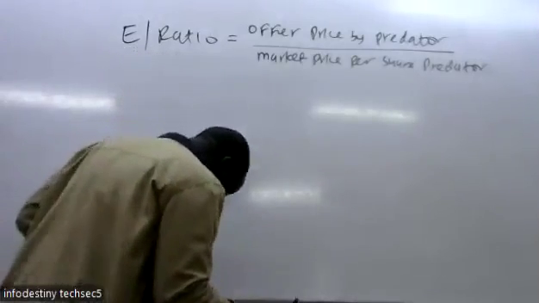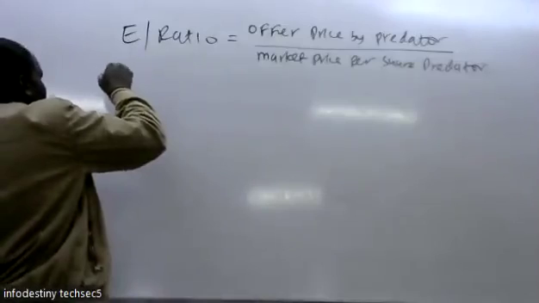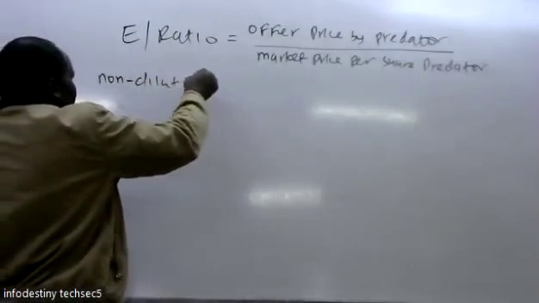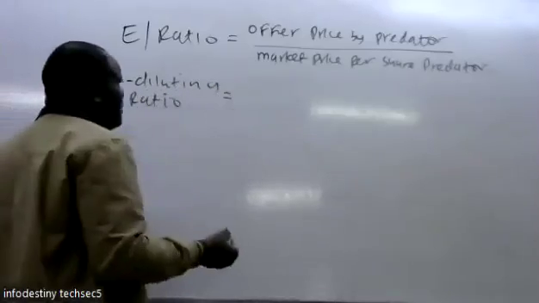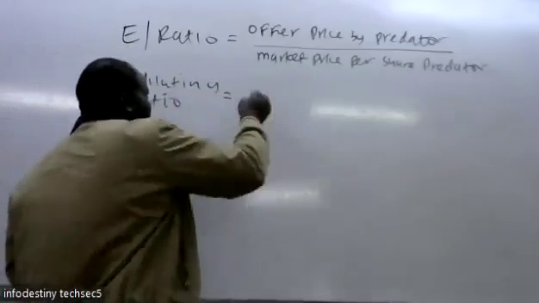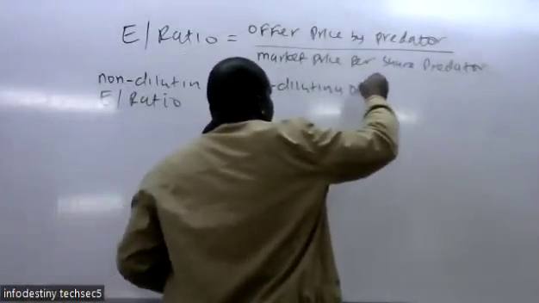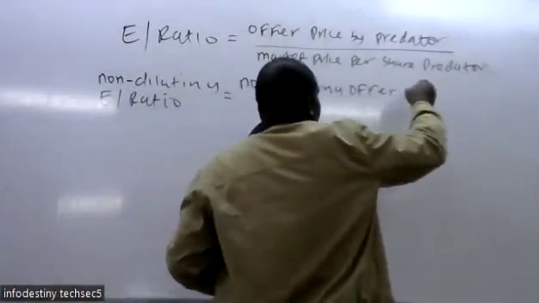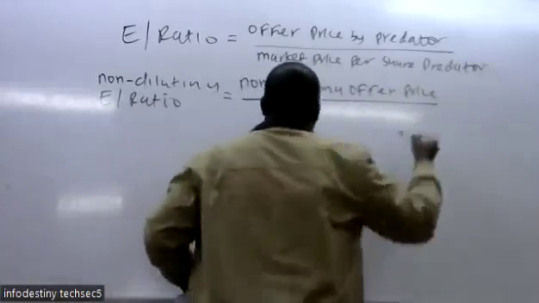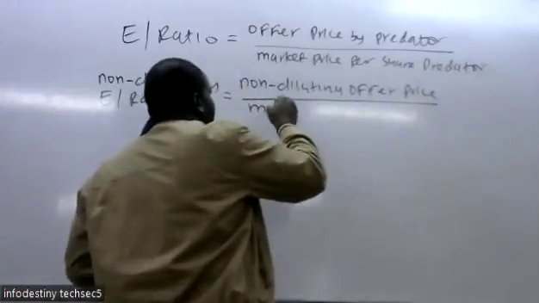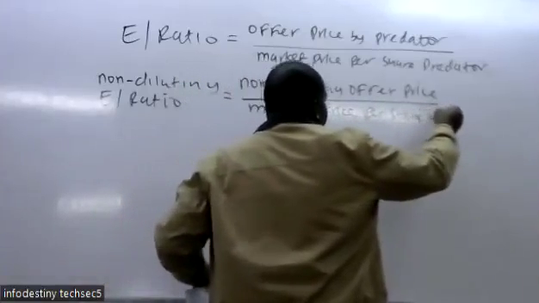So to get the non-diluting exchange ratio, it will be given by the non-diluting offer price, then we divide by the market price per share of the predator.